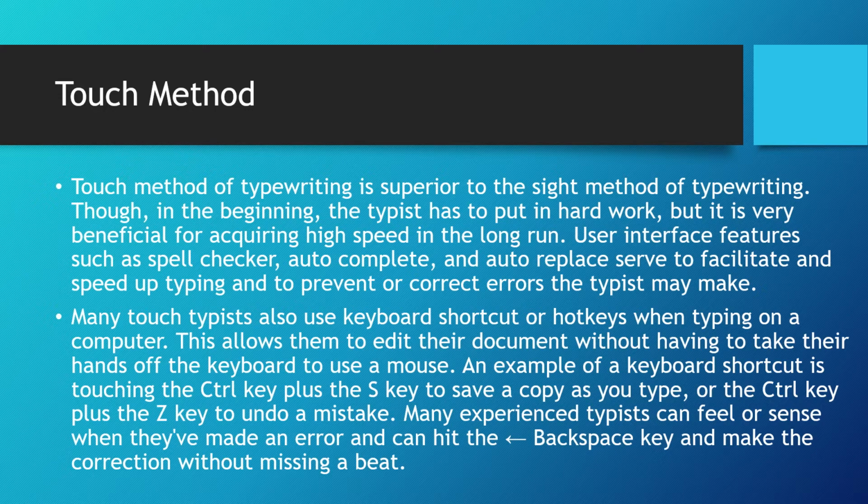Many touch typists also use keyboard shortcuts like Ctrl plus S for saving, Ctrl plus Z for undo, or backspace for deleting a word. All such operations can be easily arranged by the touch method, and speed can be improved much higher.